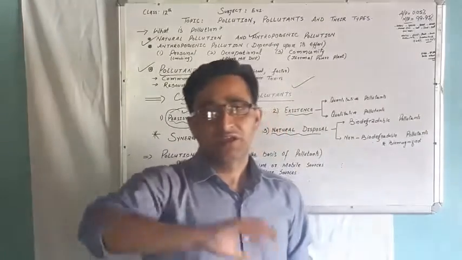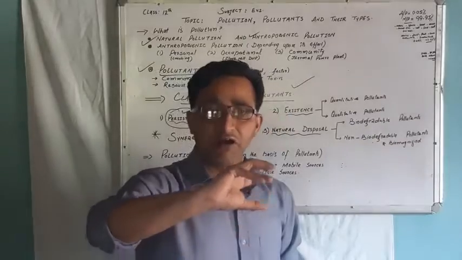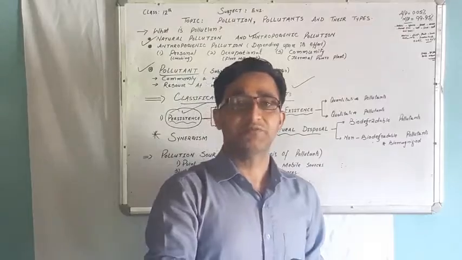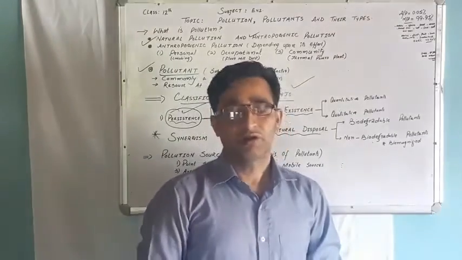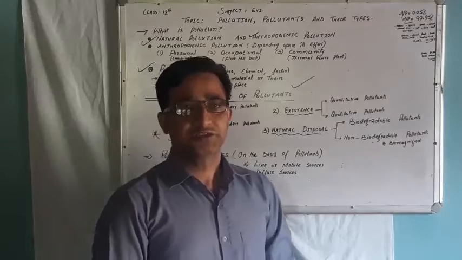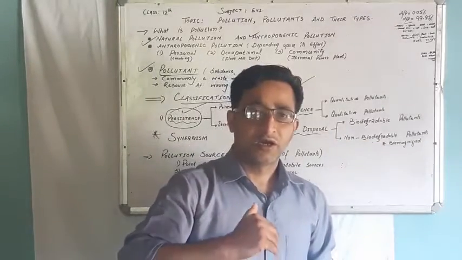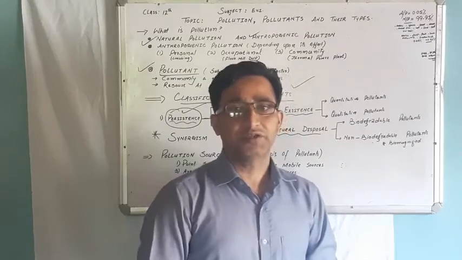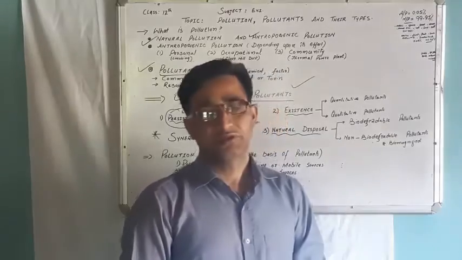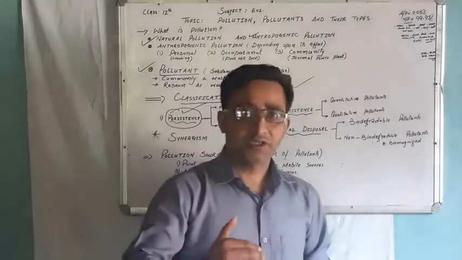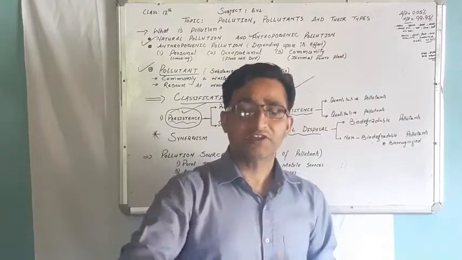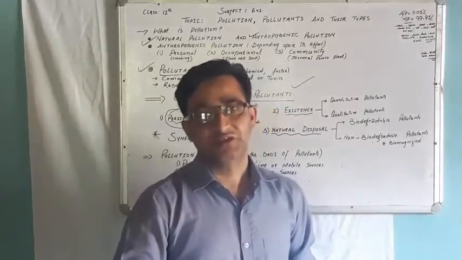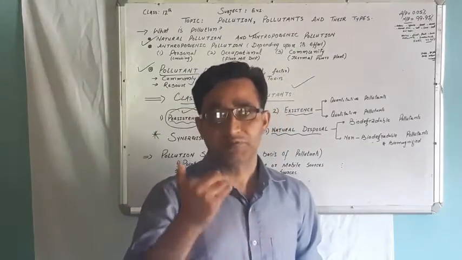Persistence means the stay of pollutants after their release. ये कैसे environment में कायम रहते हैं. देखो, the pollutants after their release into the environment can be classified into two types, यानी कि on the basis of persistence, how they persist in the environment after their release.